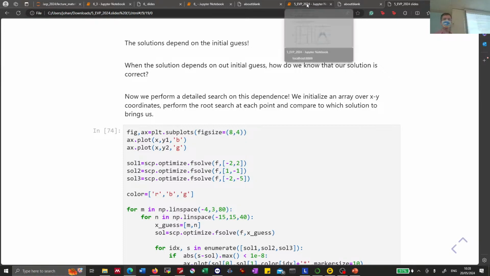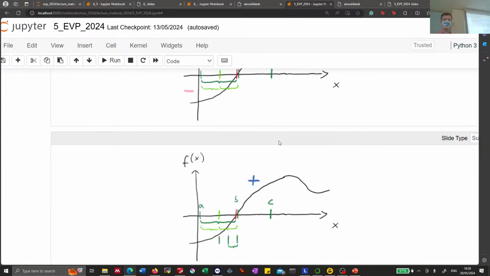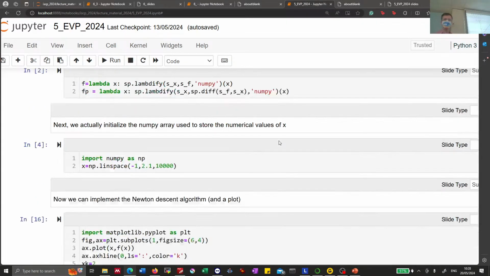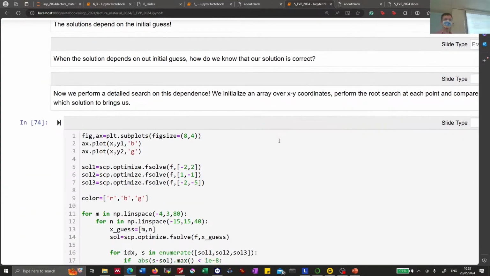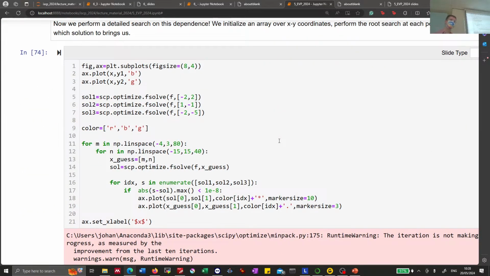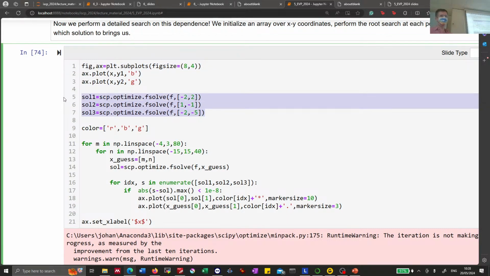So here is the example. It's a little bit longer. So that's what we do. We plot our 2 functions over here, and we solve them with 3 different starting points.